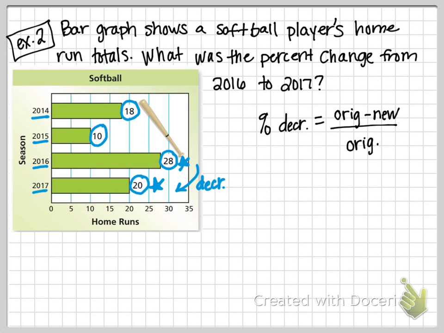Okay, because we always take the number that's larger, subtract the number that's smaller, and then divide by the original. So let's plug in. Our original is 28. Our new amount is 20, so the later year, 2017, she only got 20 home runs. And divide by the original amount, which is 28. Simplify your numerator. 28 minus 20 is 8. Divided by 28.